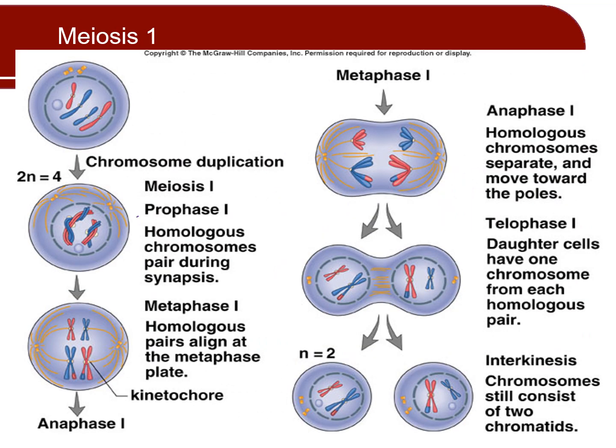So after prophase 1, the cell then enters into metaphase 1. In metaphase 1, what lines up are homologous pairs. So lined up along the center of the cell are the homologous pairs, one from the mom and one from the dad. Then in anaphase, the homologous pairs of chromosomes get pulled apart. The one from your mom goes to one side, the one from your dad goes to the other.